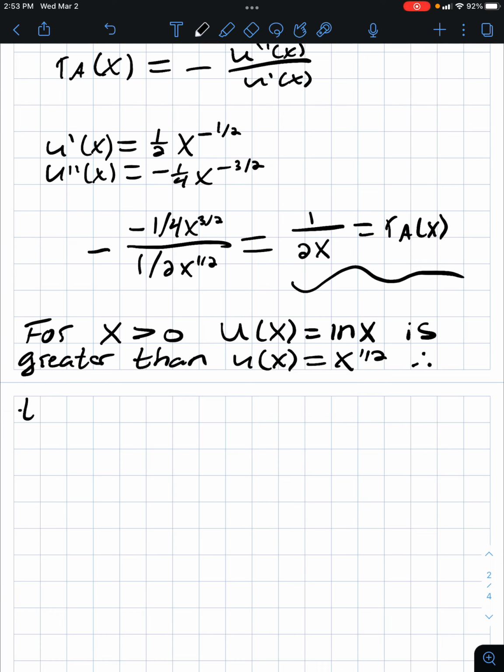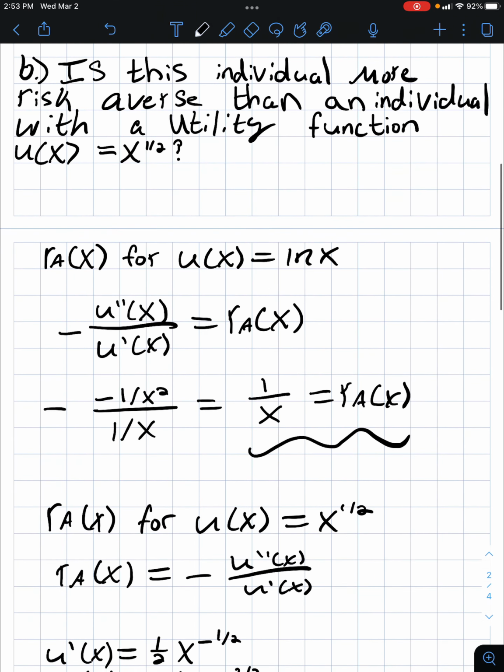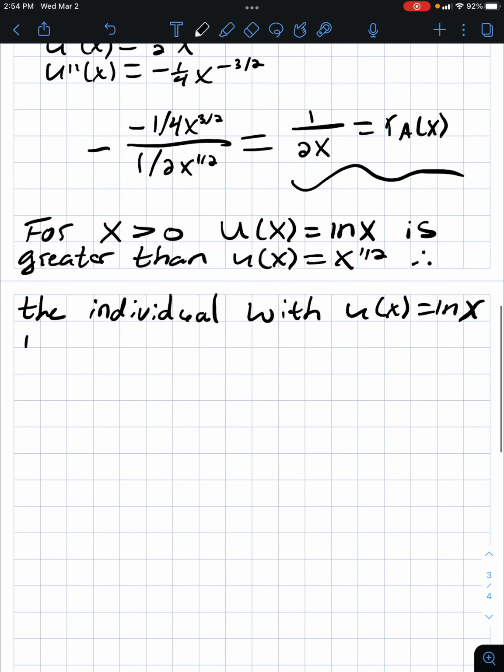Therefore, the individual with utility of x equal to ln of x is more risk averse. And that is the solution to the problem.